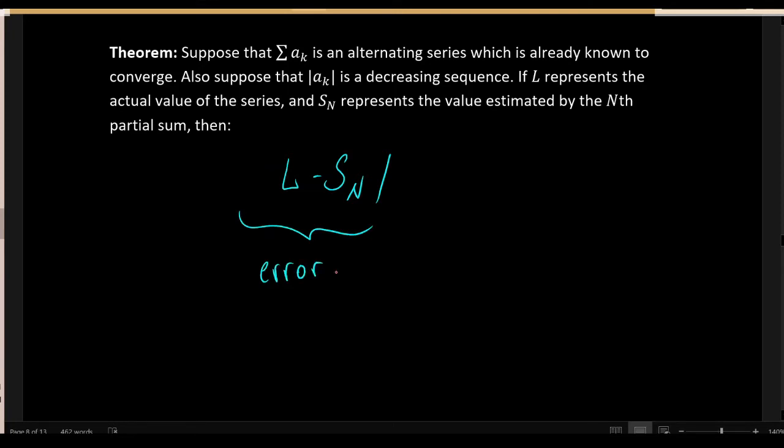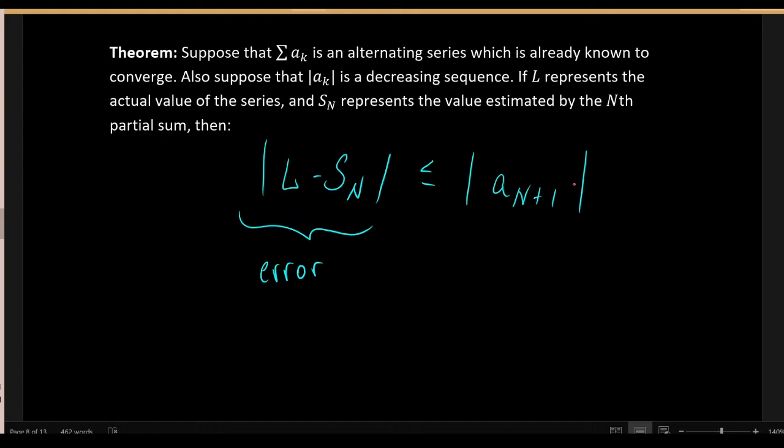The error cannot be any bigger than the value of the very next term in the sequence. If you estimate using the partial sum S sub n, then the difference between S sub n and the limit L is bounded above by the absolute value of the very next term in the sequence.